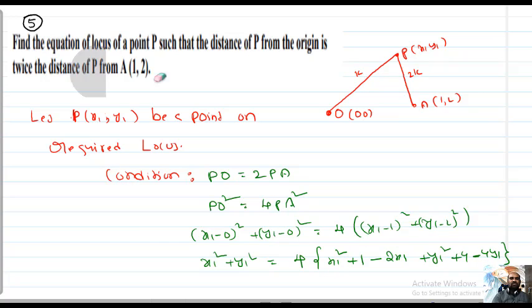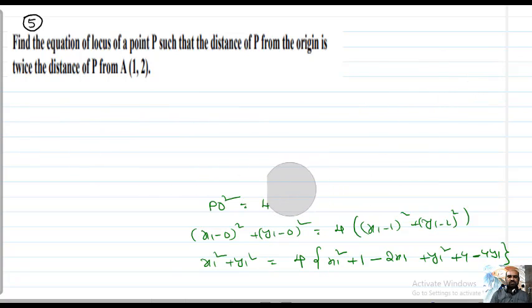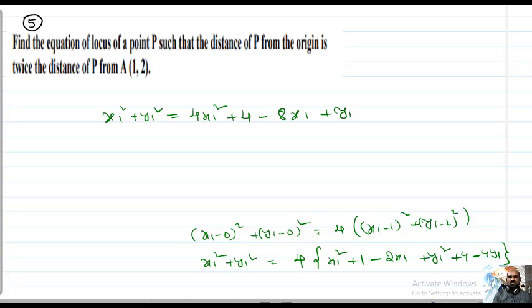Okay students, now I want to simplify. x1 square plus y1 square equals 4x1 square plus 4 minus 8x1 plus 4y1 square plus 16 minus 16y1. Now we need to simplify this.